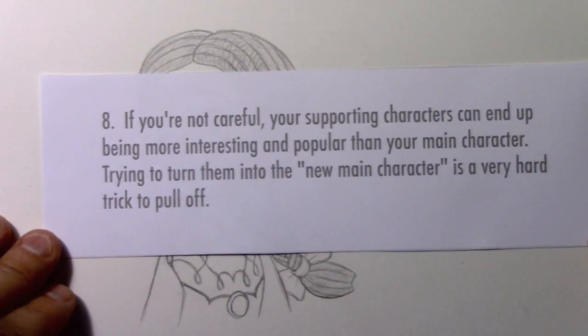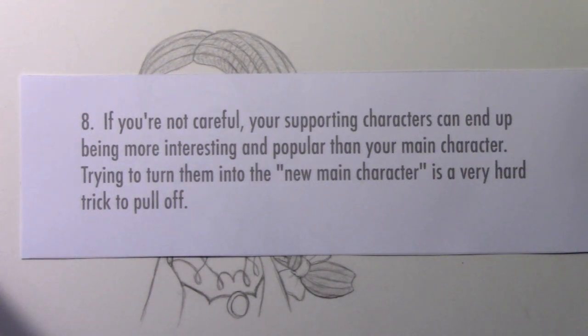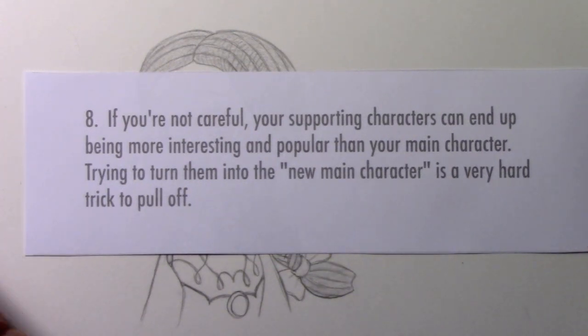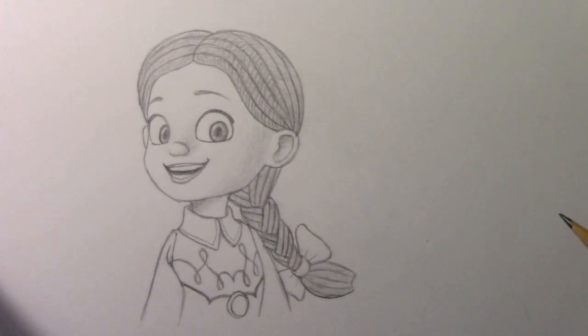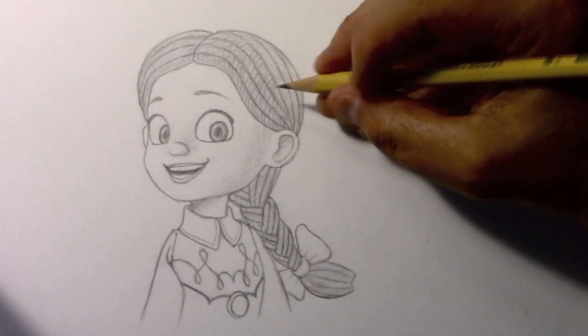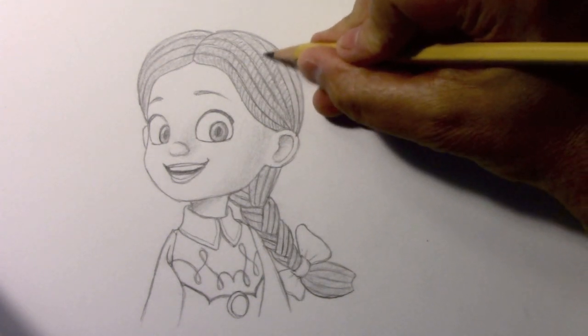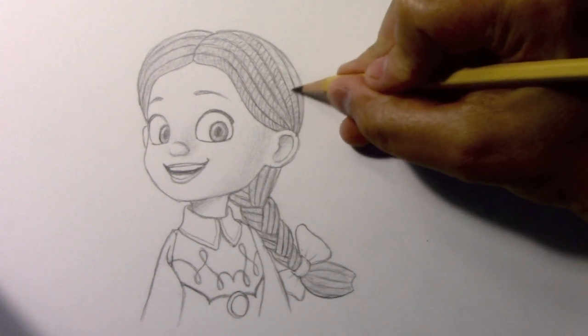If you're not careful, your supporting characters can end up being more interesting and popular than your main character. Trying to turn them into the new main character is a very hard trick to pull off. I think one that immediately comes to mind is the Jack Sparrow character in the Pirates of the Caribbean movies. He was a side character in the first one, and he became very popular.